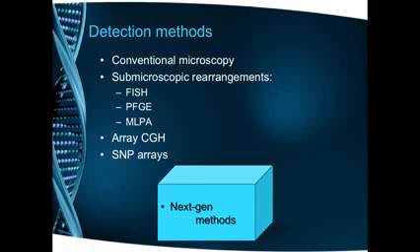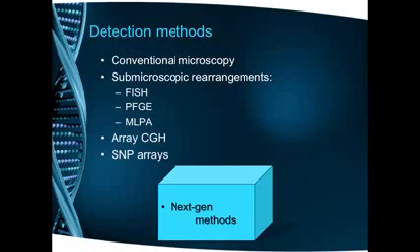So you're all familiar with FISH, but maybe not necessarily with pulsed field gel electrophoresis, and with multiplex ligation-dependent probe amplification, which detects deletions and duplications in genes, and those cannot be picked up by regular sequencing because the primers don't sit down.